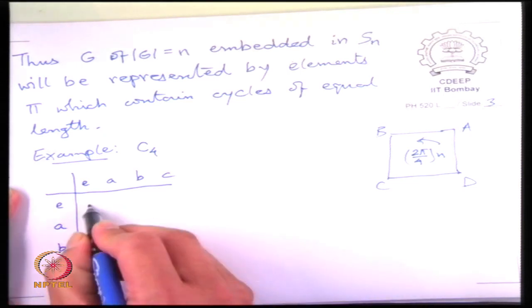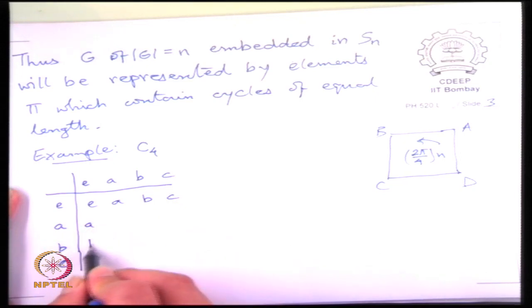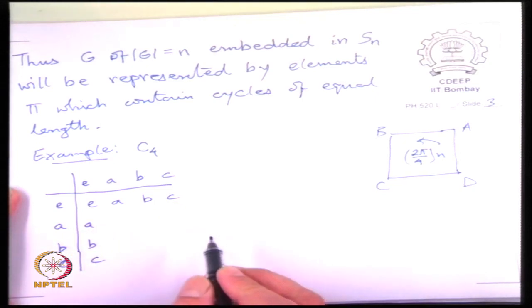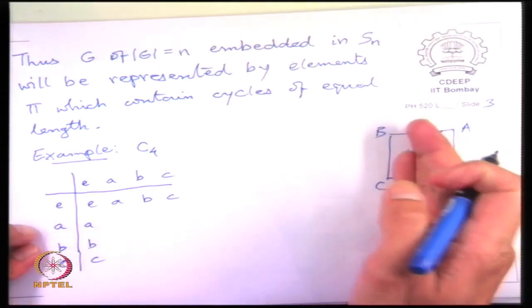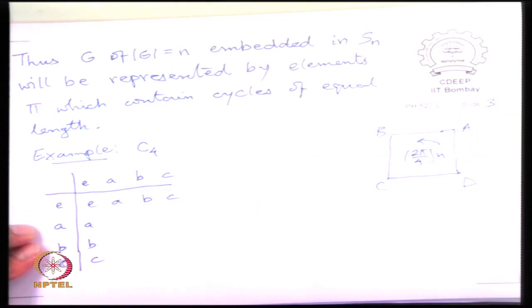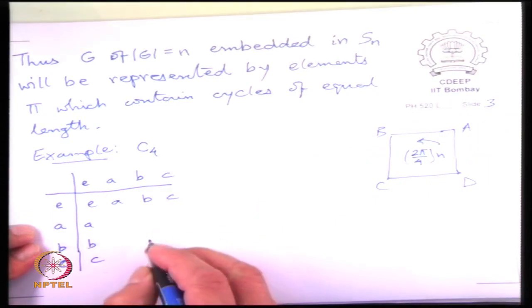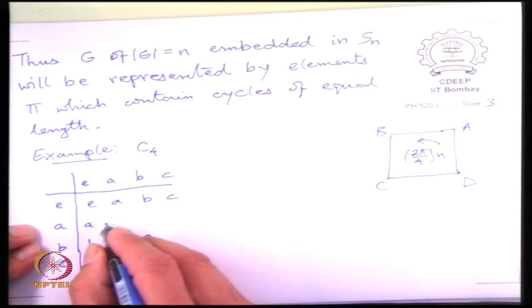And this was the case in which A is a pi by 2 rotation and B is a pi rotation. So the pi rotation's square was equal to identity, but the others did not square to identity.